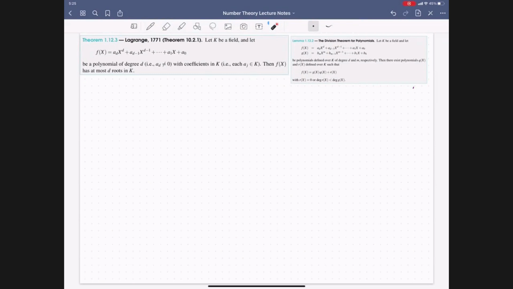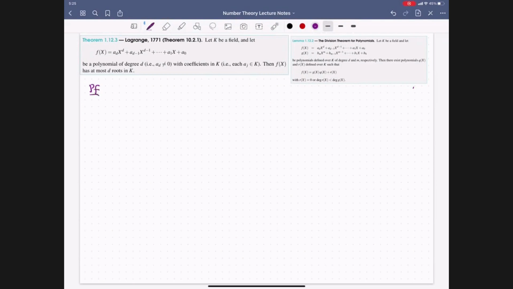We're going to use the division theorem for that. That will be the first part of our proof. Then the second step will be going about it by induction on the degree of the polynomial. That will allow us to use the first statement that x minus alpha is a factor to apply our induction hypothesis. So let's go ahead and get started.